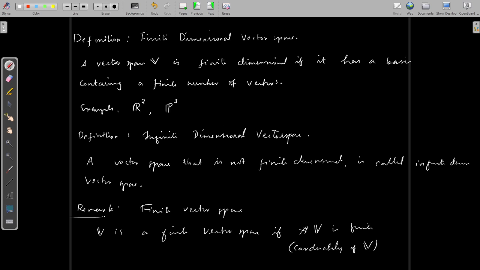So in order to define a finite dimensional vector space, we need to verify the cardinality of the bases, whereas for a finite vector space we need to verify the cardinality of the vector space itself. The dimension depends on the basis set, and the cardinality of the vector space gives the finite vector space. So an infinite vector space is nothing but a vector space V containing no finite number of elements. That means it contains infinitely many elements.